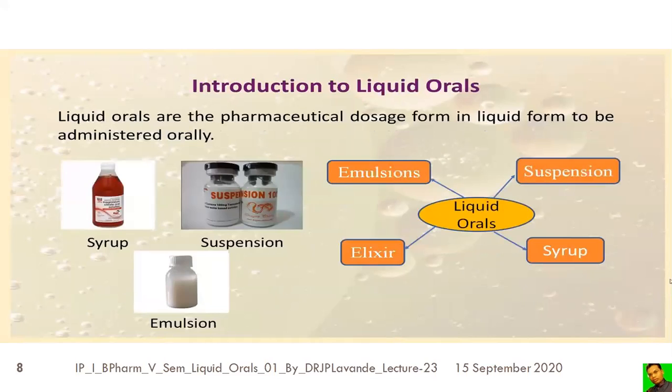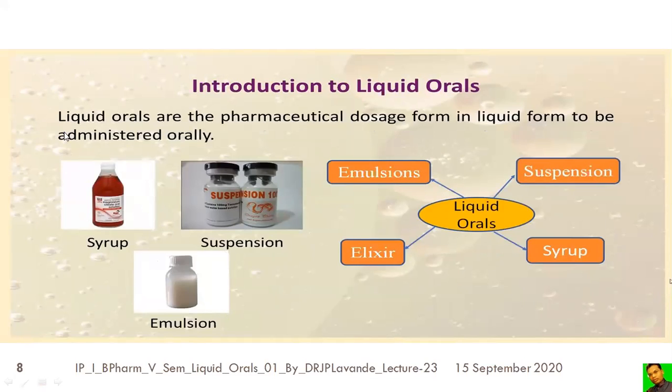Yes, very correct. The examples you told at the beginning in the introduction are all covered here. You can see the liquid orals give you the syrup kind of dosage form, the suspensions, emulsions, elixirs, and the syrups.